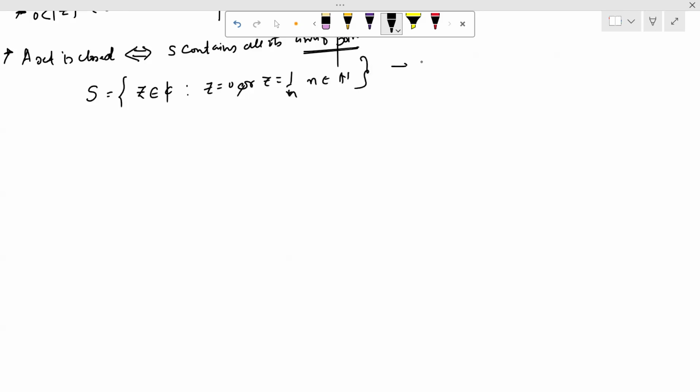Now this is closed. Why is it closed now? Because it contains its limit point also. The only limit point for this set is 0. And remember, it contains only one limit point.